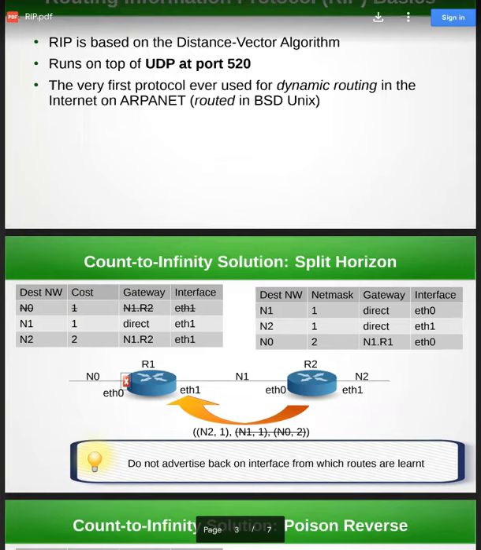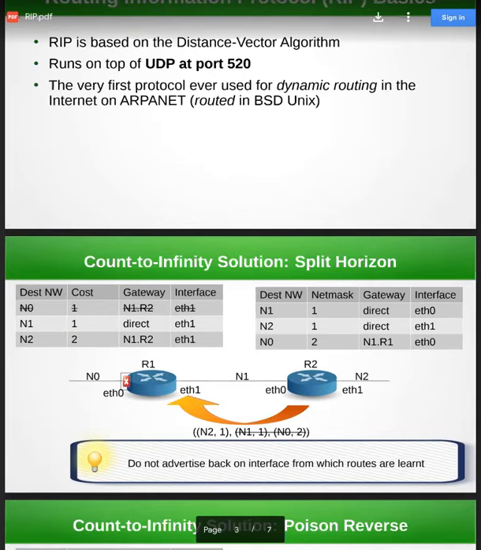No, we said that every router broadcasts periodically on all its interfaces, right? So that is what you have to be careful about. In this case, we are not advertising N0 and N1 on this interface because we learned about N0 and N1 on these interfaces. Now this solves the problem.